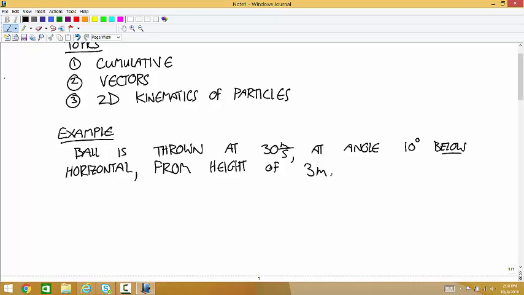Ooh, let me do an example after this too. That's something just popped into my head. But so first, what's the elapsed time for the ball to hit the ground? How long until the ball hits the ground?